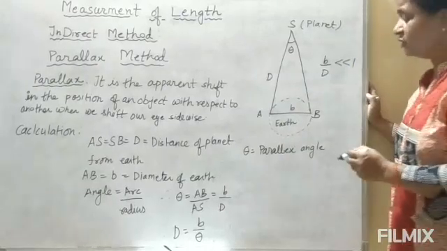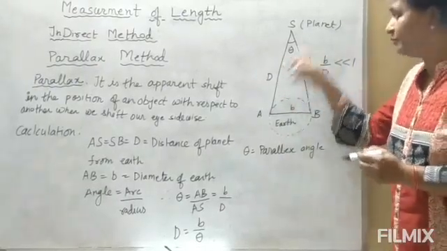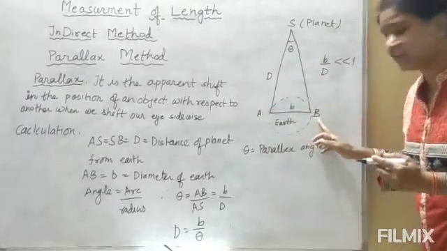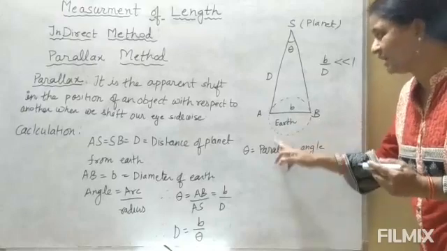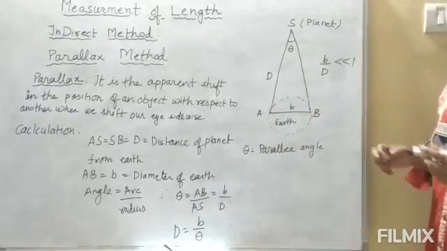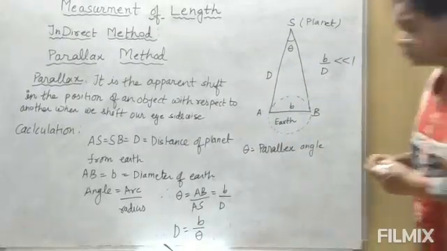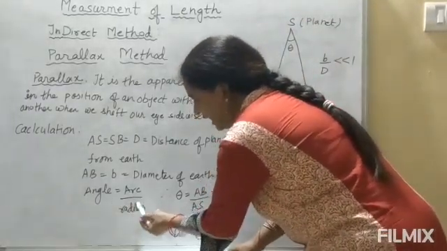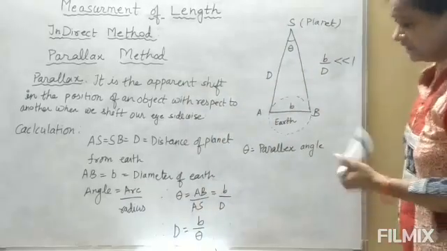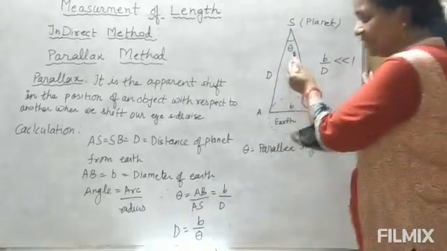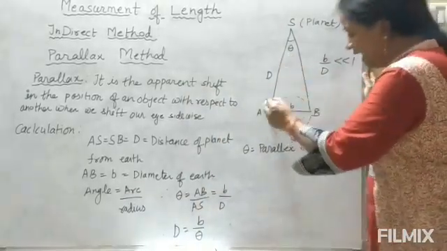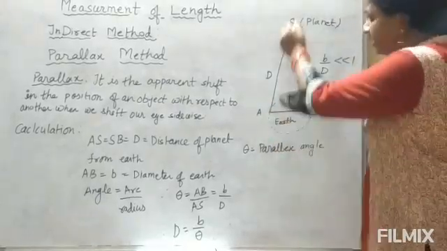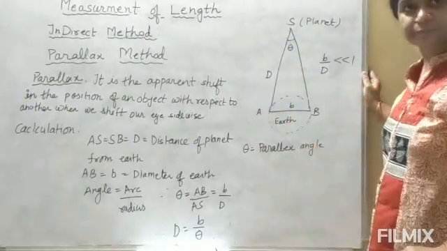Therefore the angle subtended by the planet on the two diametrically opposite points on the earth will be very small. Therefore we will use this formula, that is angle is equal to arc upon radius, that you already know. Here angle theta is equal to arc, that is we are considering here AB, upon radius, that is SA.